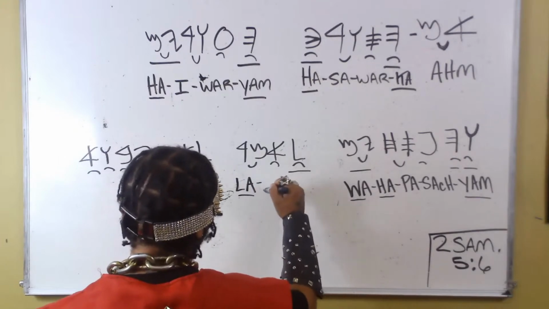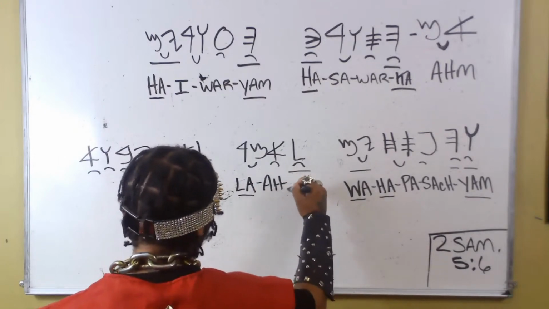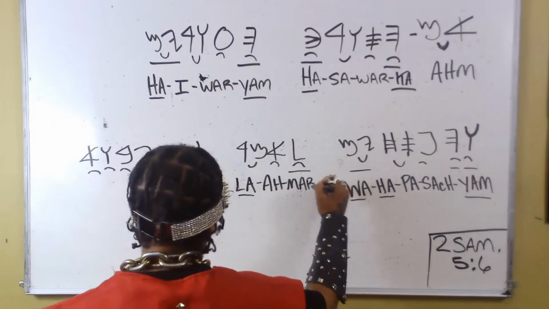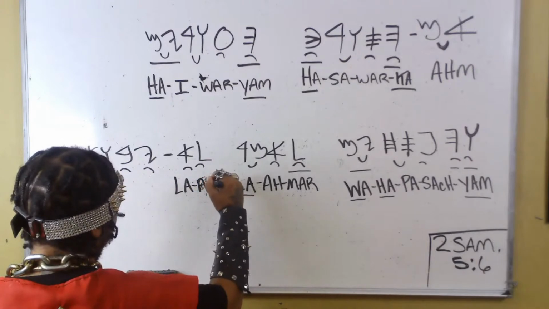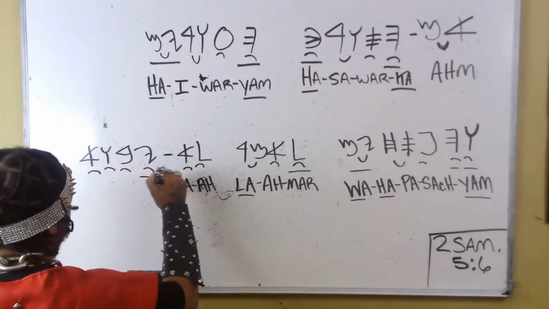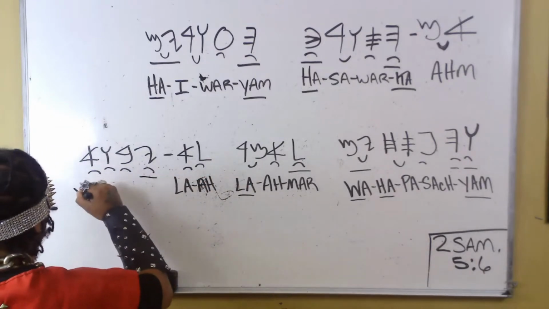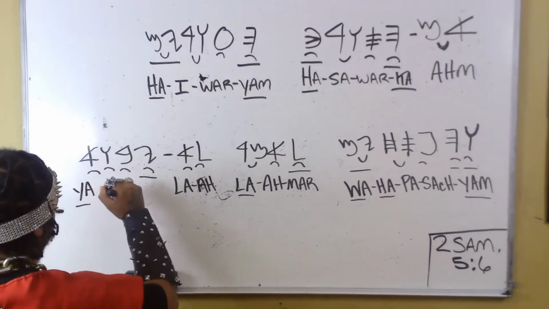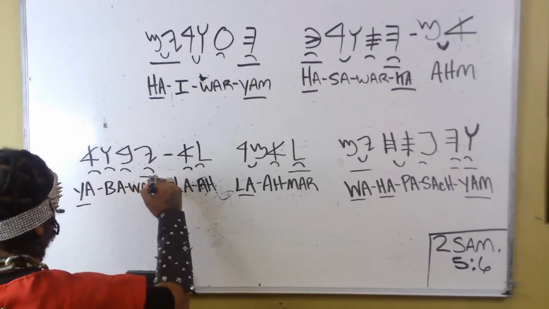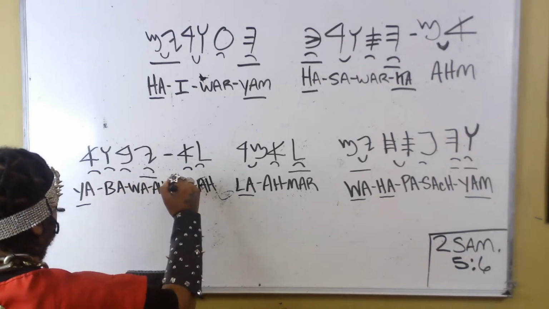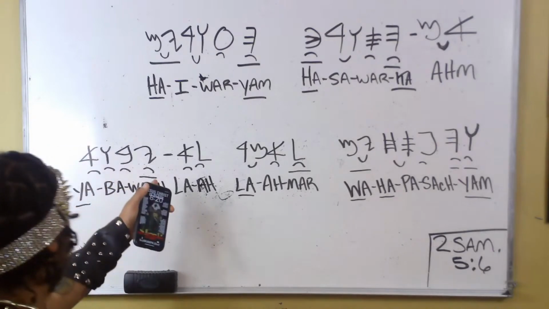La we know is a connector. Amar. La A, we just went over La A. Ya ba wa a. We see that Ya is a connector.